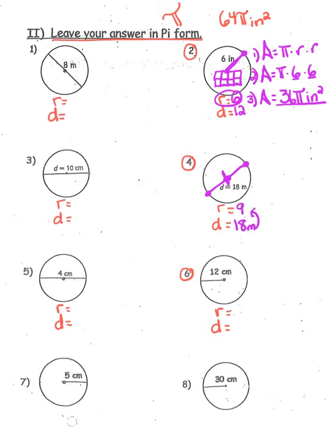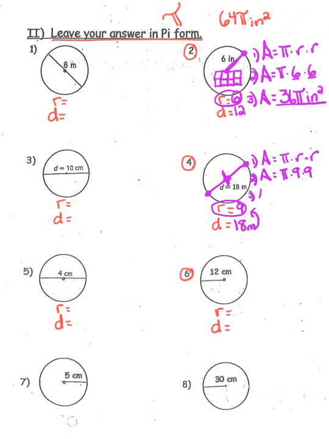So here we go. Let's run our formula using the radius of 9 meters. Step 1, area equals pi times radius times radius. Let's substitute. Area equals pi times 9 times 9.